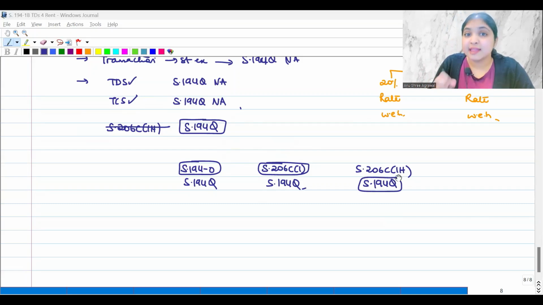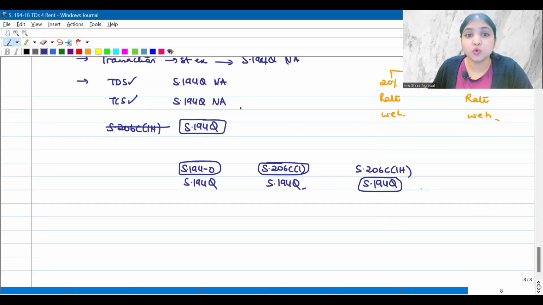So I can say that 194Q is a weaker section. All other TCS sections will override 194Q, but 194Q will override 206C1H. So all TCS sections except 206C1H will override 194Q.